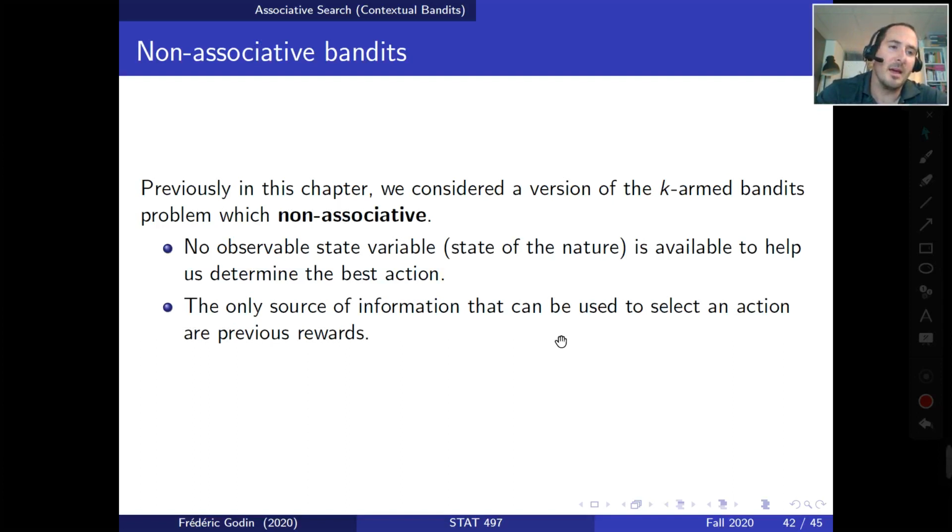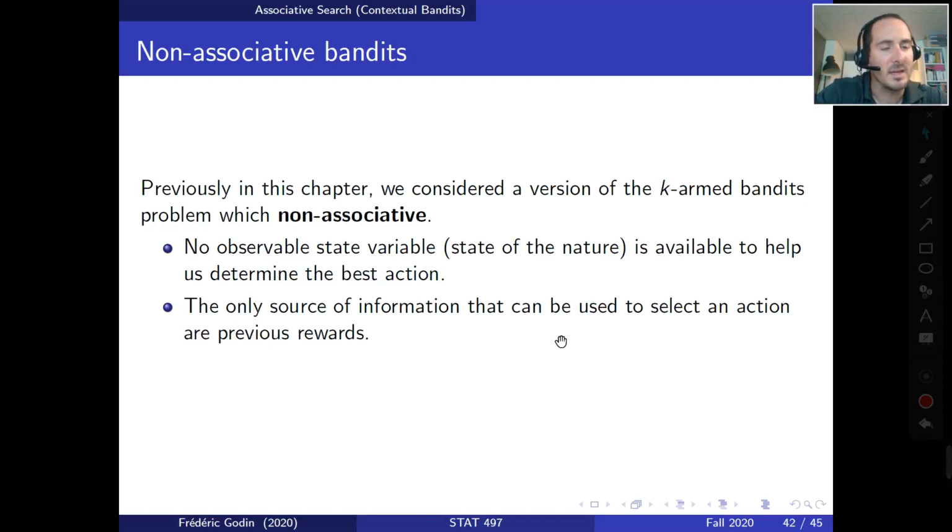So, in the K-arm bandit problem, we had a single state of the nature. Okay, so at all plays, the distribution of rewards for some given action is always the same. Okay, so for a given arm, rewards were IID. There's a generalization of the problem where you have multiple states of the nature.